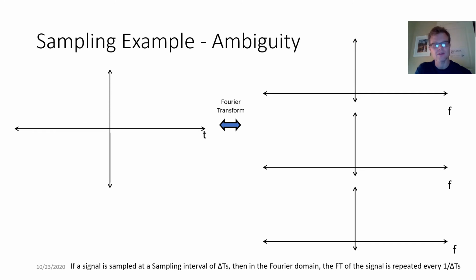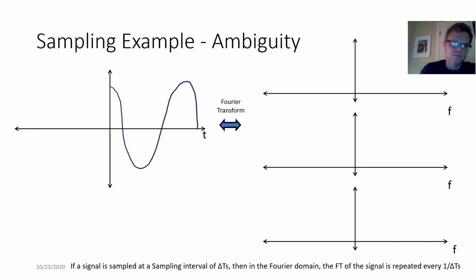Now, we have to choose our sampling rate carefully. Let's consider an example of a sinusoid here, and try to be a little bit precise.